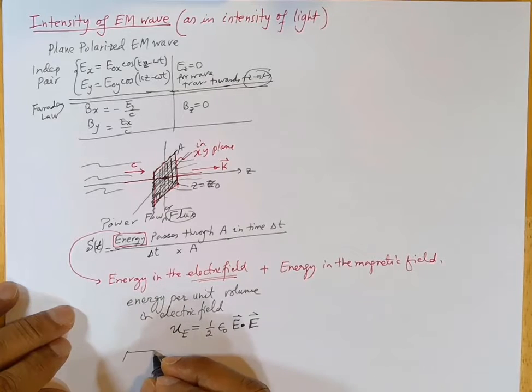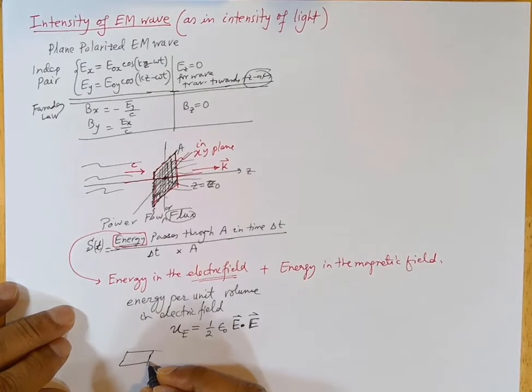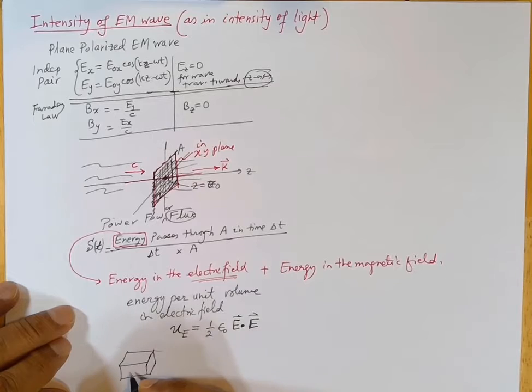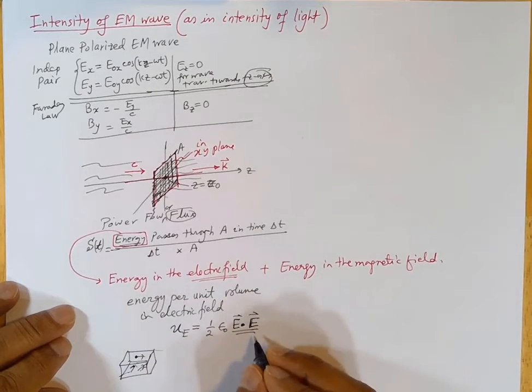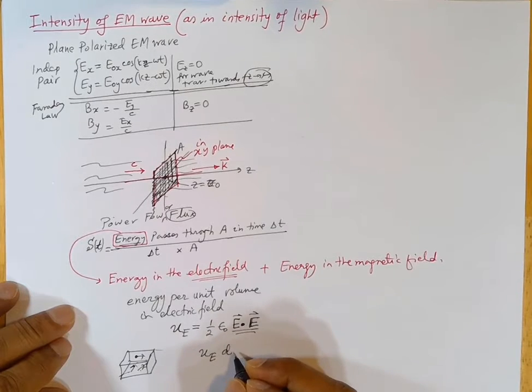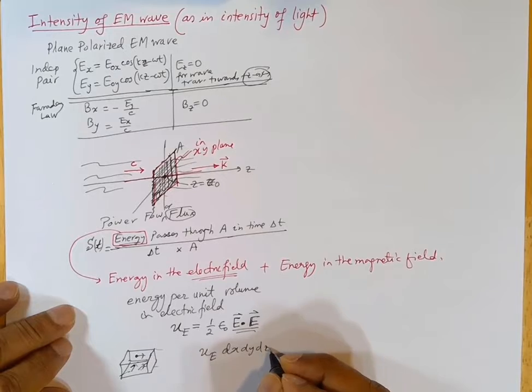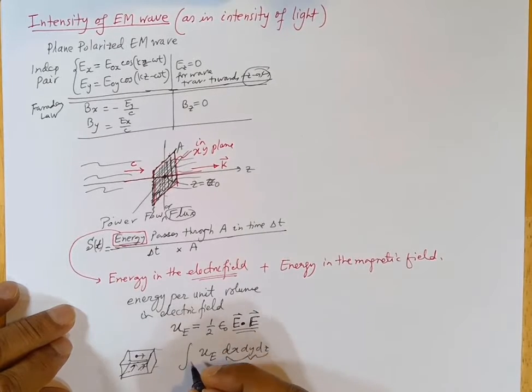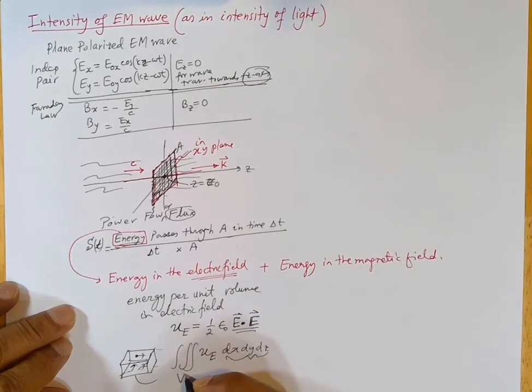If I'm thinking about some volume and the electric field is everywhere, the electric field vectors are different at different places, right? So at each point I will do this, with dx, dy, dz, the volume element, over this volume.